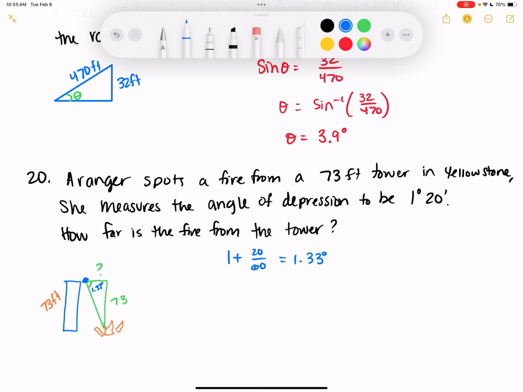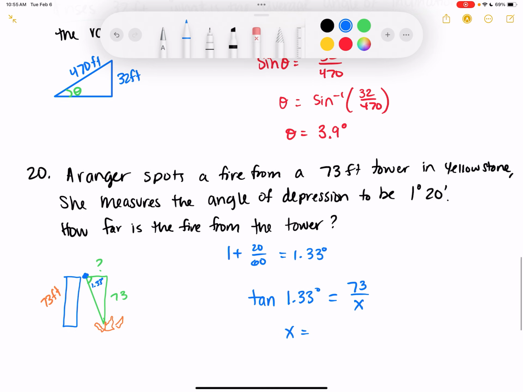Maybe we use tangent of what? Tangent of 1.33 is equal to 73 over x. So x equals 73 over the tangent of 1.33.